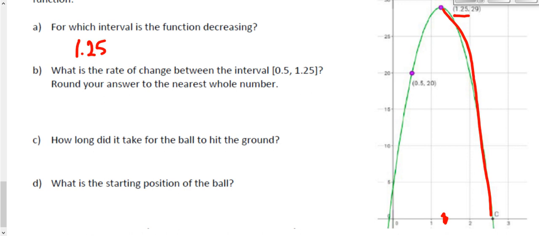But if you'll notice, right at that vertex, our function is changing from increasing to decreasing. And when I'm changing from increasing to decreasing, I'm not actually doing either one. I kind of stop in midair for a second. Think about a cartoon. If I'm going uphill and then change to downhill, there's that one instant where I stop moving completely. So I'm not actually decreasing at that moment, but I'm about to.